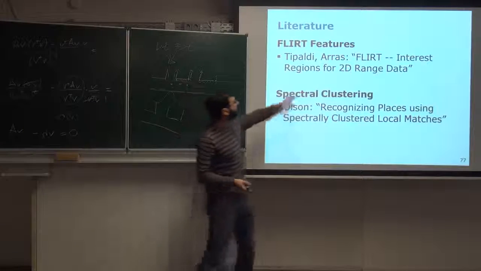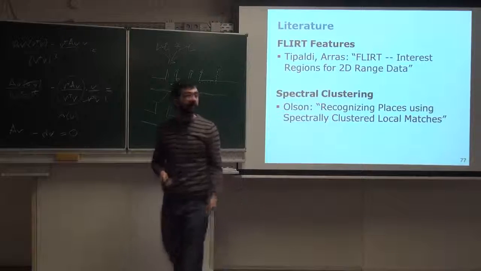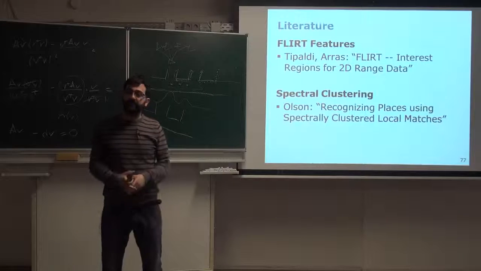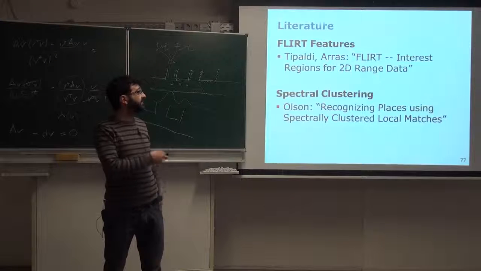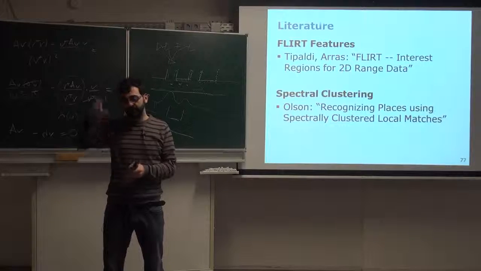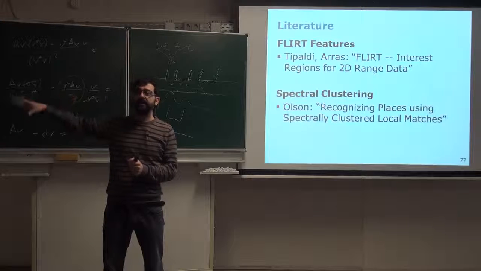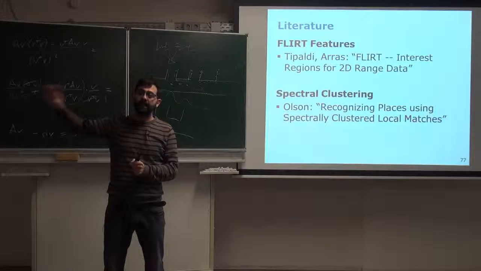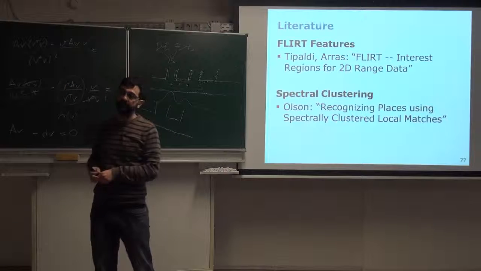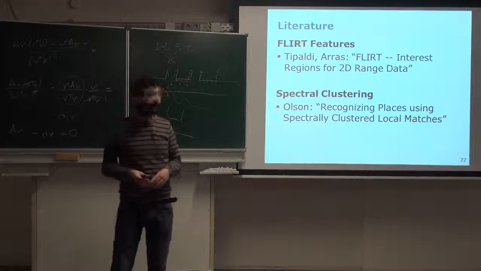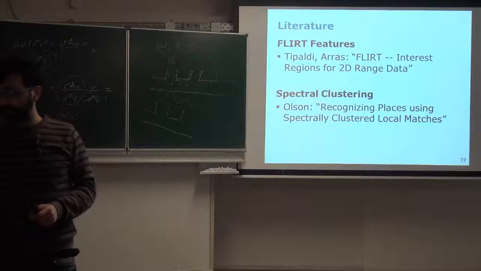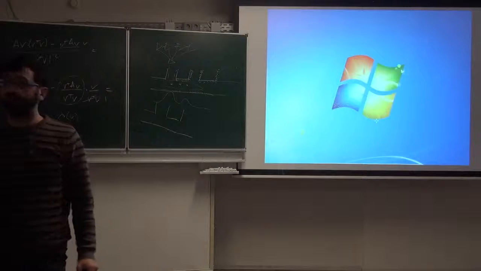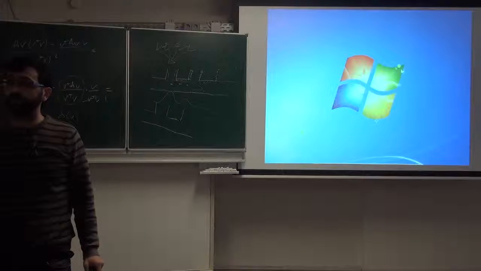So I'm not putting it into the exam at all, but it's a nice read if you're interested in this kind of features. There are some pointers in here also on how people did it in vision, so how they analyze features for camera images and several experiments. You can also go through that and read about that. So this is for the lecture today. Do you have any question on the front end?